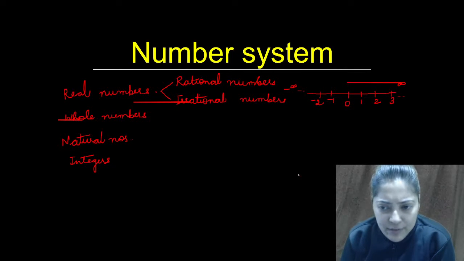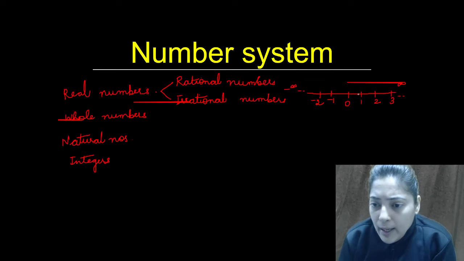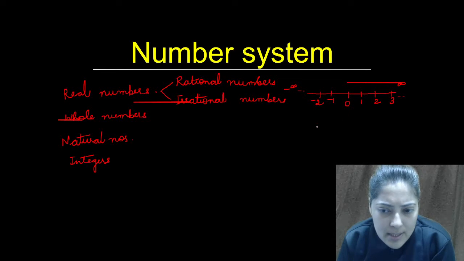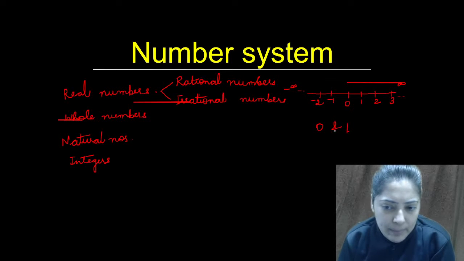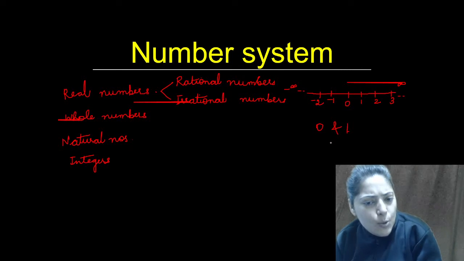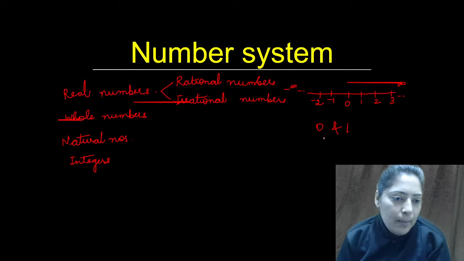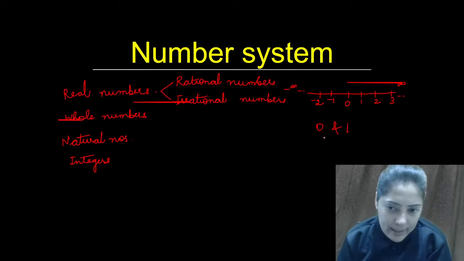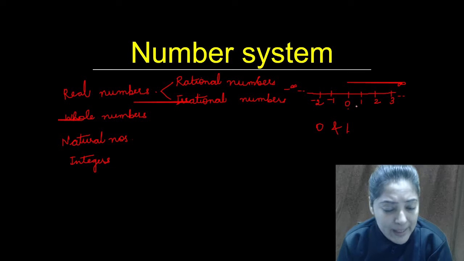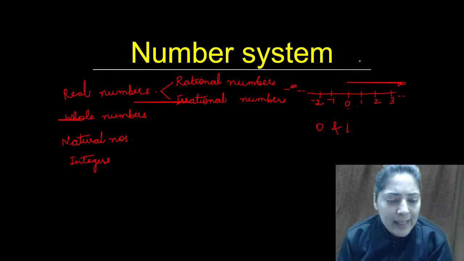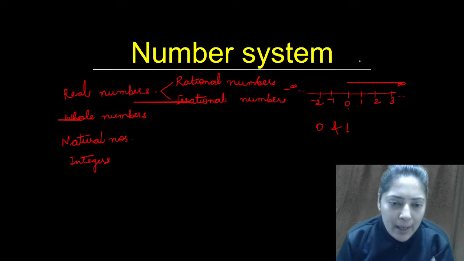This is the real number line. Between 0 and 1, or any two consecutive numbers, there are infinite numbers. So real numbers are infinite.